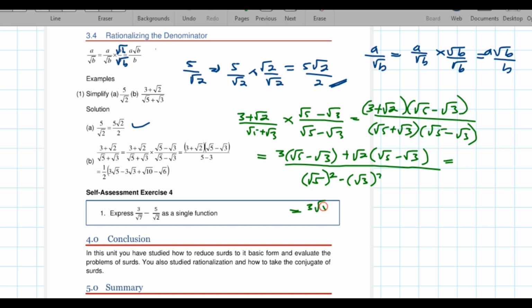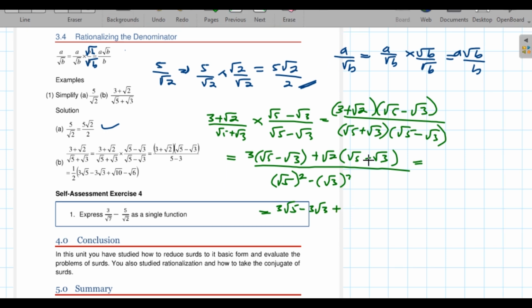3 root 5 minus 3 root 3. This is root 2 multiplying root 5, which is root 10. Then this is minus root 6, divided by 5 minus 3.